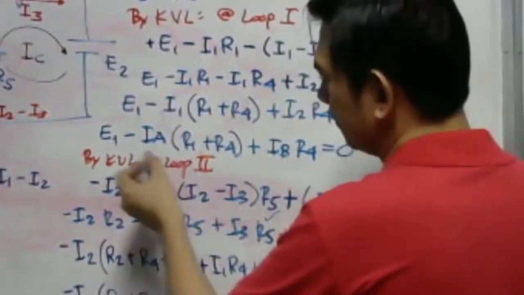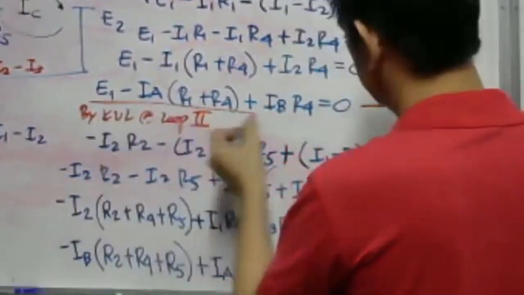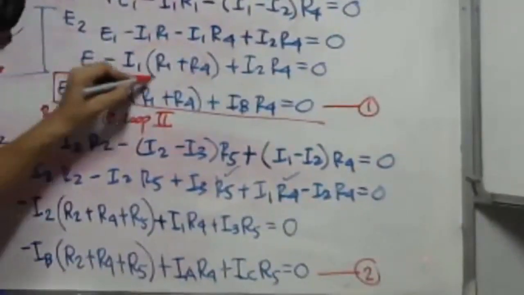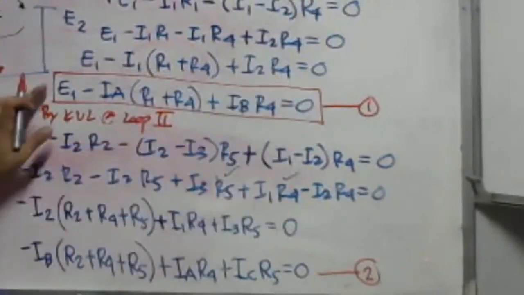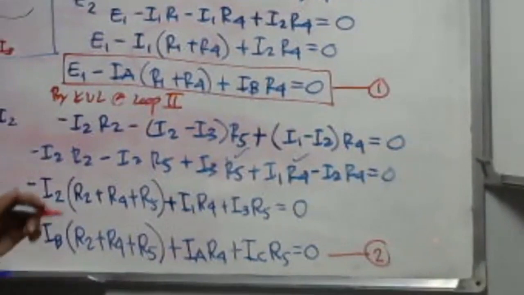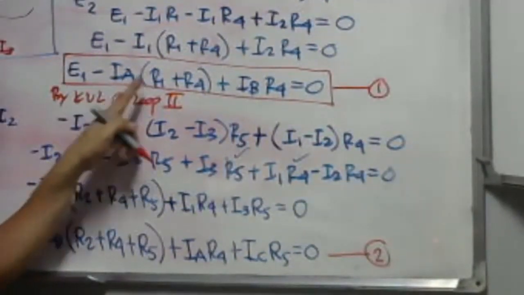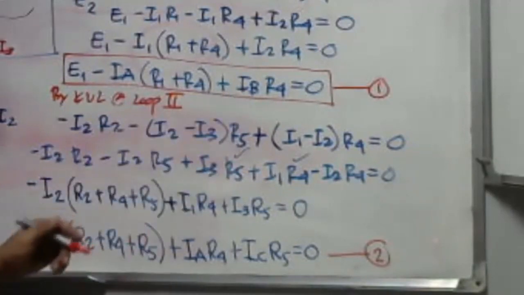Take a look here for equation number 1. We may say that in the Maxwell's mesh method, this is now the mesh current or the loop current, IA. This is IB.